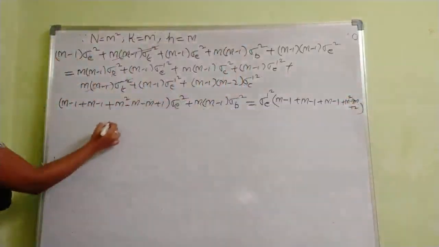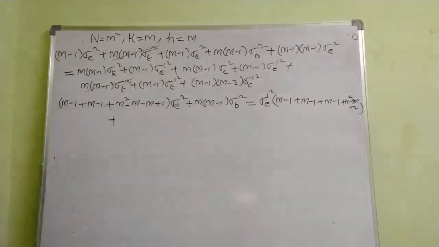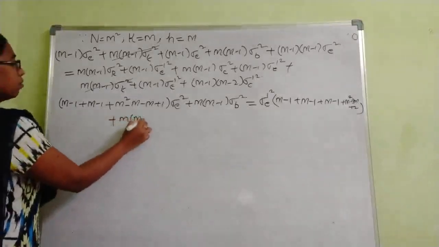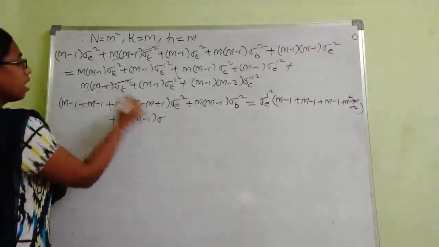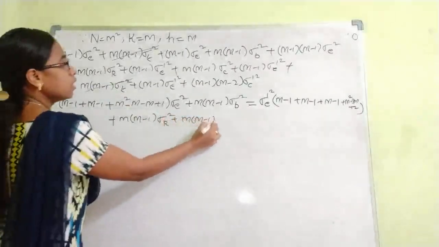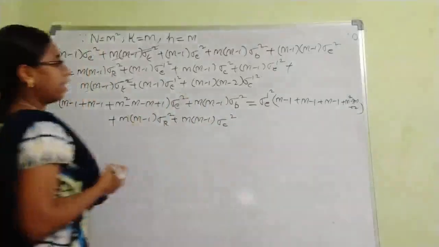Now write down the remaining terms. On the right hand side the left out terms are m into m minus 1 sigma r square plus m into m minus 1 sigma c square.